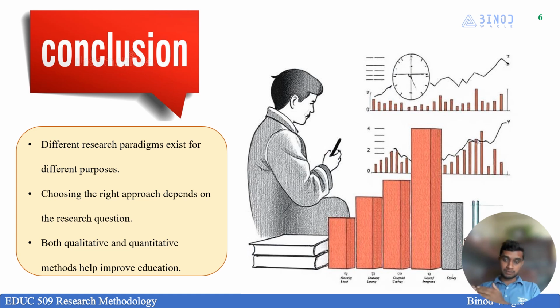We have to focus on what we have to find, what we are going to research. Yes, that will find our right approach. Both qualitative and quantitative methods help improve education. Obviously, any type of research can help education and will improve our education.